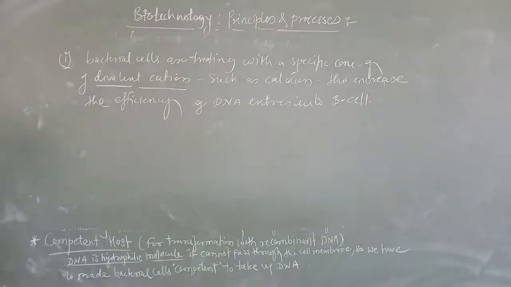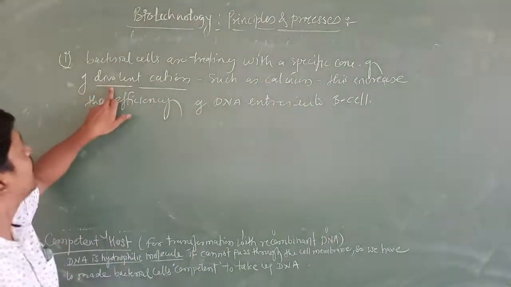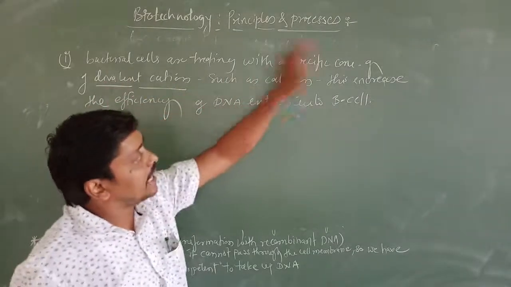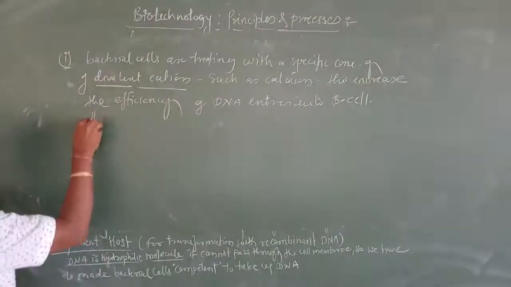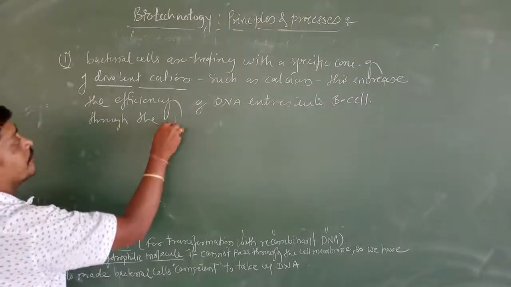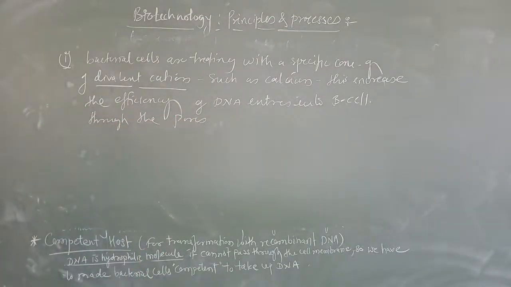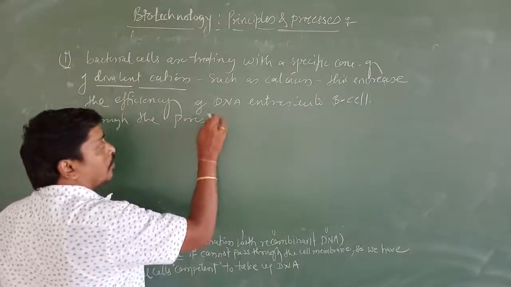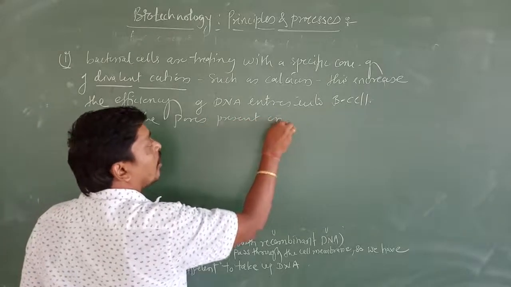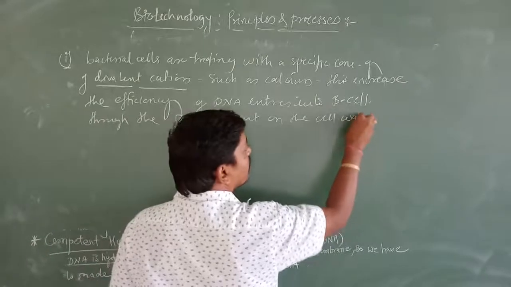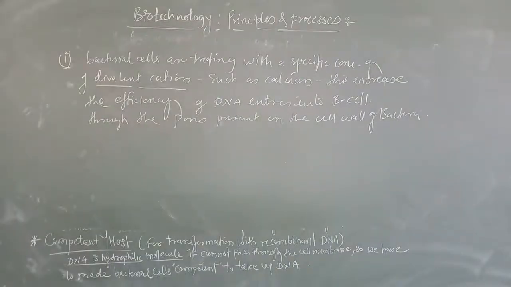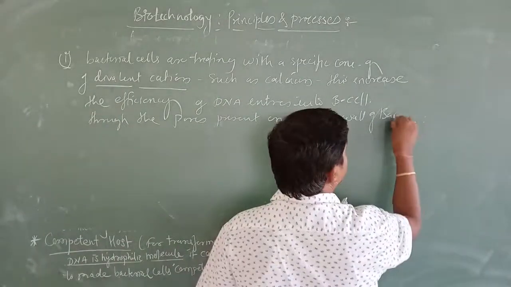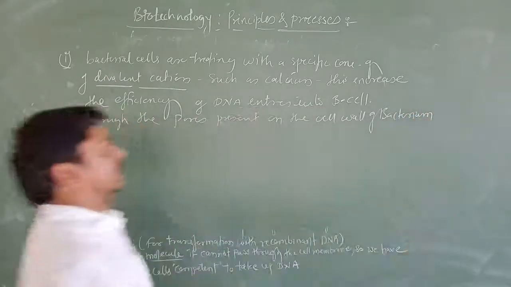When we treat the bacterial cell with a specific concentration of divalent cation such as calcium, it increases the efficiency of DNA entering into the cell through the pores present on the cell wall of the bacterium. Understood? So this is one thing.